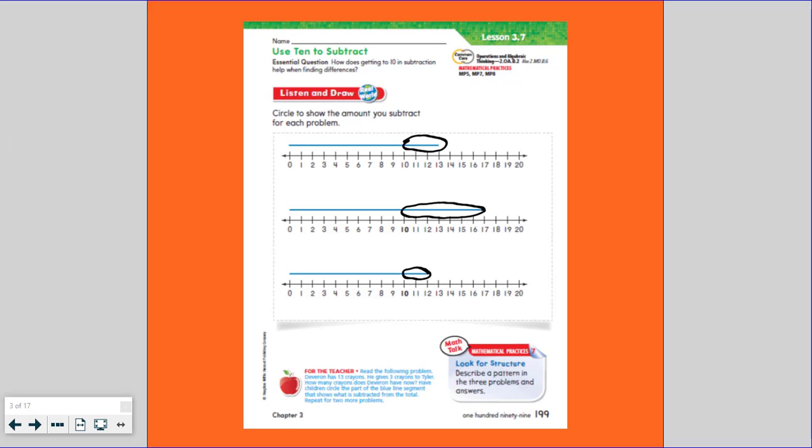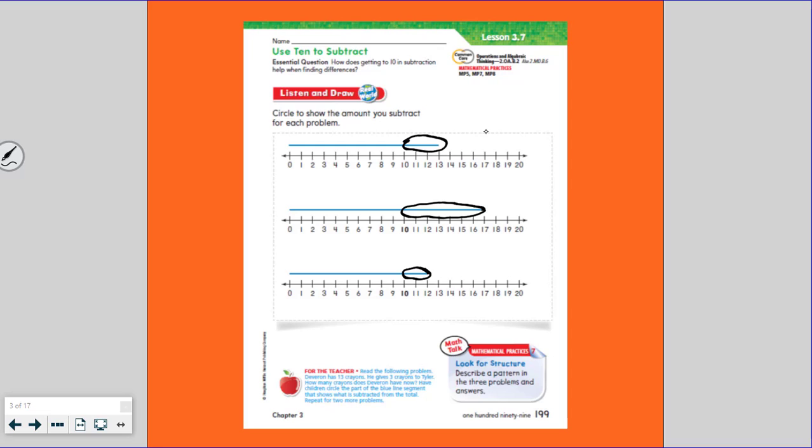So our math talk problem says, right down here, describe a pattern in the 3 problems and answers. So what I'm noticing that's the same is all of these problems, the difference is 10. We end up at 10 after taking some away, right?